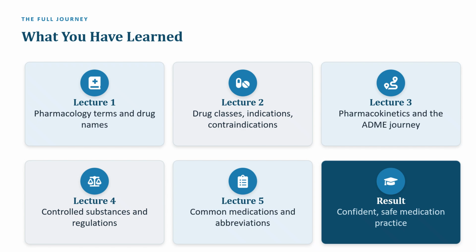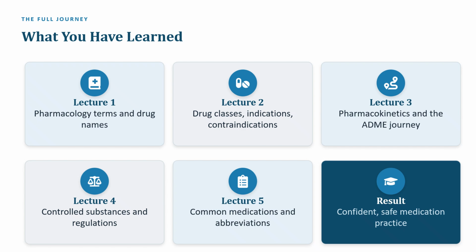Before our final summary, let's take a moment to appreciate the full journey you've completed across these 5 lectures because you have covered a great deal of material. In Lecture 1, you learned the foundational language of pharmacology and how drugs are named, including the vital habit of charting the generic name. In Lecture 2, you learned how drugs are classified, along with indications, contraindications, and the powerful name-ending shortcut for predicting a drug's class.